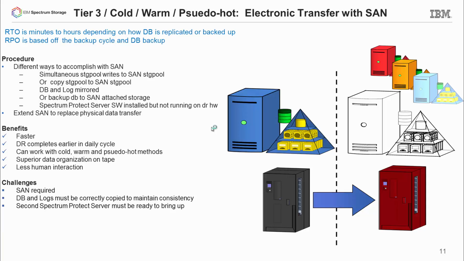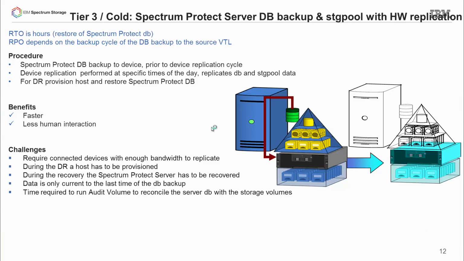If you're just doing a database backup, then you just want to make sure that whole database backup, and if it's an incremental backup, you would also want to make sure all of those versions are available at the DR site.